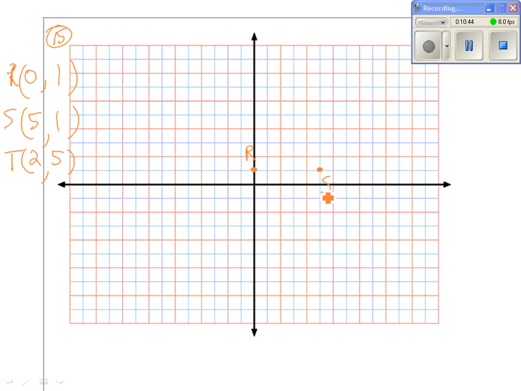This is S. T is 2, 5. 4, 5. So that's our original shape. We want to rotate it about the point -2, 5. That point right there. So we're rotating it about that point.